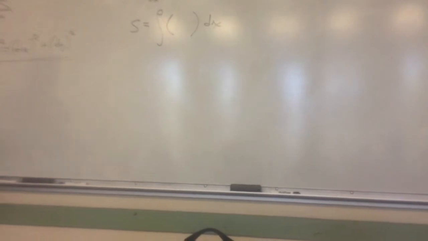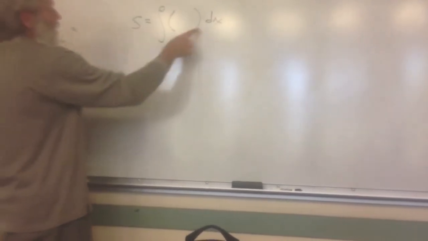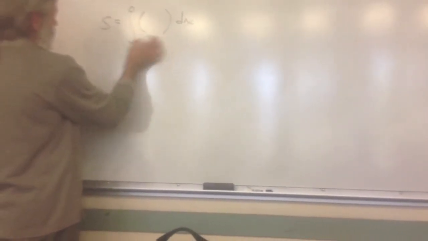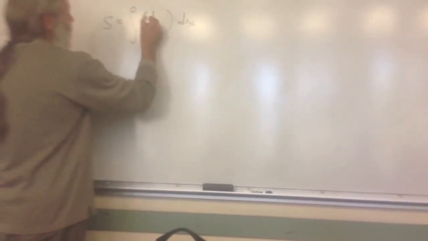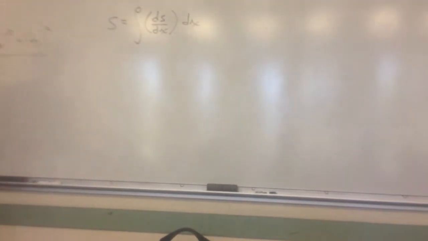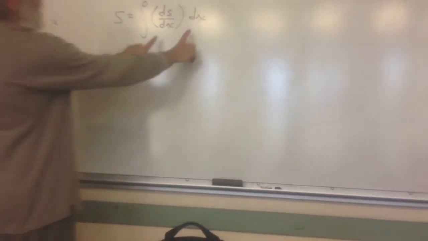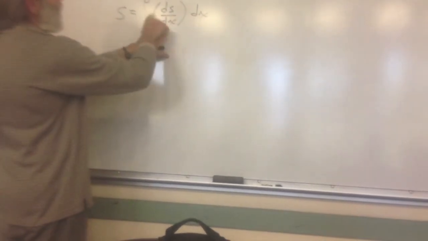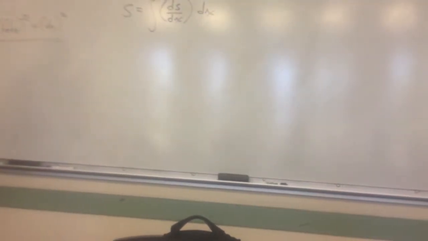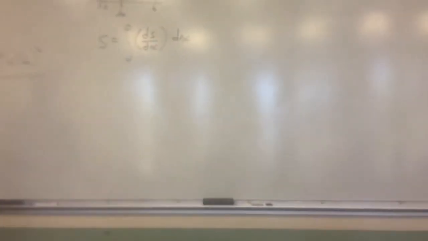Well, what that would mean, if I'm going to get s out of this and I'm integrating with x, is that the thing in here has to be ds/dx, because you can imagine these canceling, giving you the integral of ds, which is certainly s. That's the structure I look for when we're given this explicit y equals f of x form.